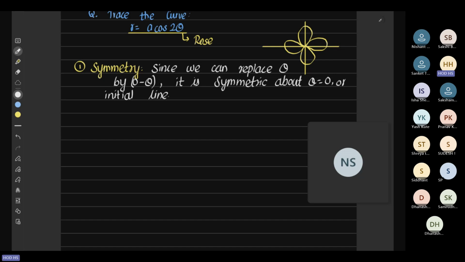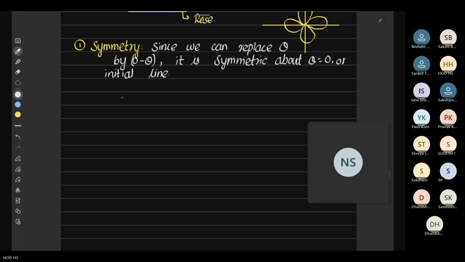Again, notice that we can replace theta by pi minus theta.